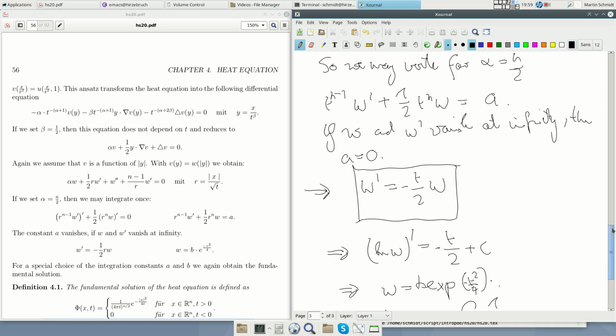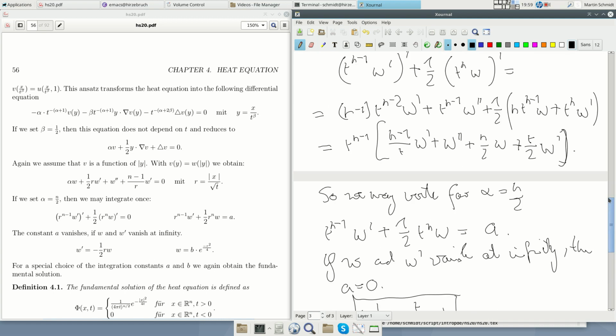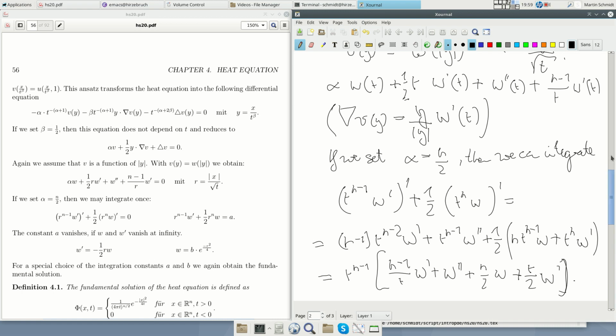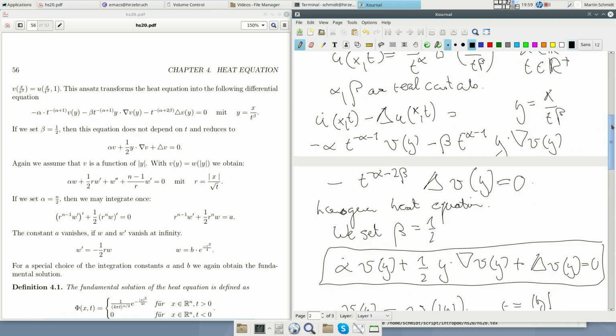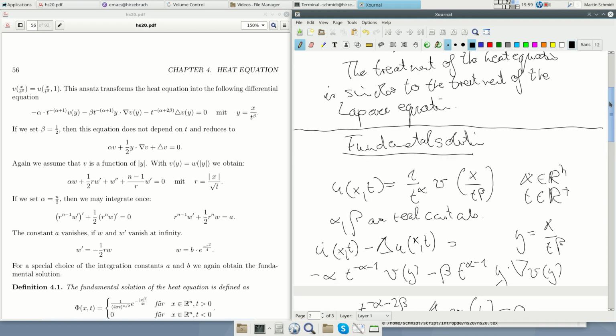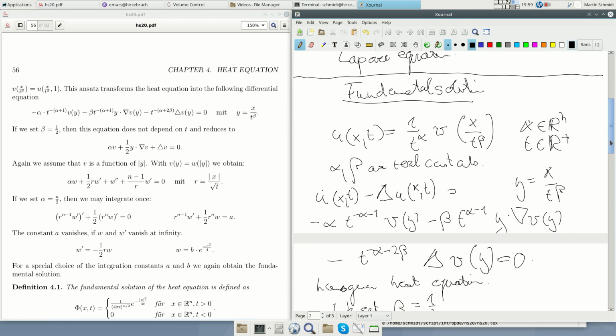Yeah, remember we made the Ansatz, and alpha was n over 2.